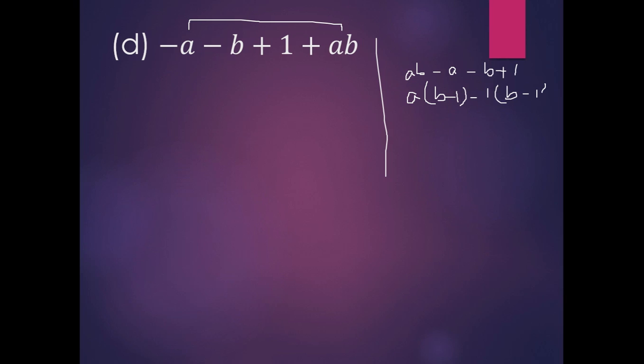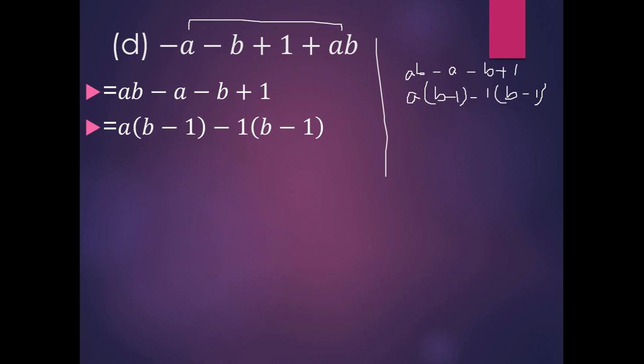Okay, so the same common factor came. So if the same common came, then we can write a common, b minus 1, minus 1 times b minus 1, and now b minus 1 is common like before.